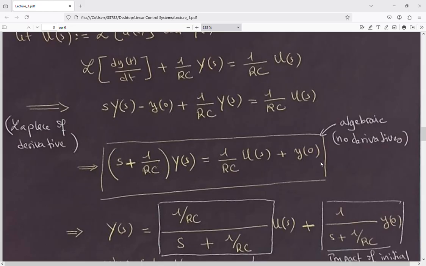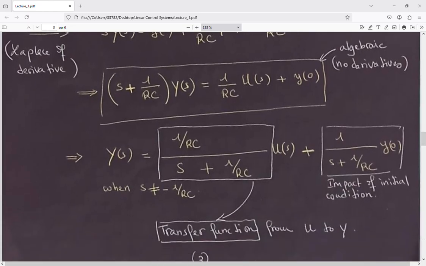So you have your signals multiplied by some polynomials of S, plus a bunch of constants, and these constants will depend on the initial conditions. Now I will divide both sides of this equation by S plus 1 over RC. I can do this whenever S is different from minus 1 over RC. So I get this.